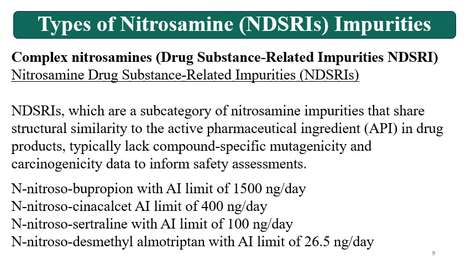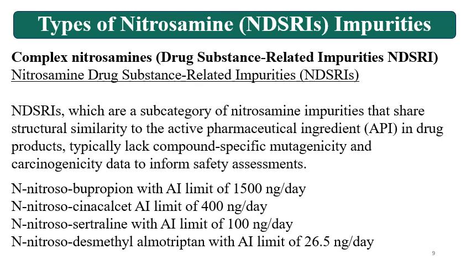per day. And if the acceptable intake limit is 26.5 nanogram, then you can categorize this as a small nitrosamine type of impurity, which also has the same acceptable intake limit of 26.5 nanogram per day.